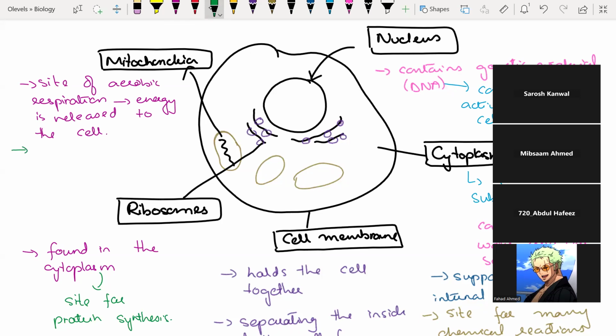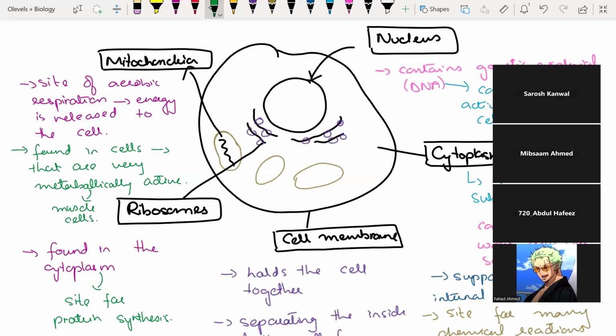So mostly they are found in those cells that are very metabolically active. They are taking part in some sort of physical activities. For example, the muscle cells. They are always involved in some sort of activity, right?